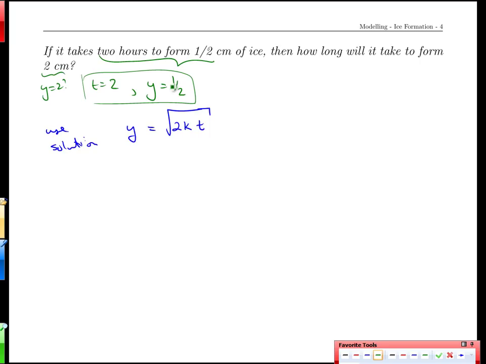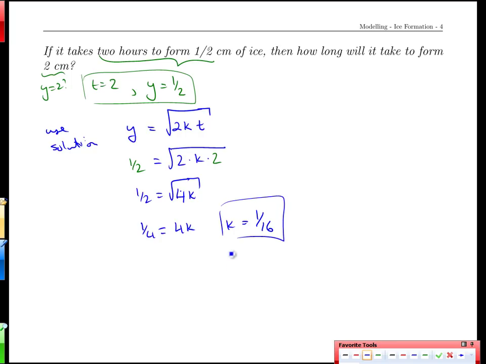We've got t equals 2 gives us y equals 1/2. So we can sub that in. So we got 2k times t, which is 2, and so we get 1/2 equals square root of 4k. Square both sides, 1/4 equals 4k. k equals 1/16.